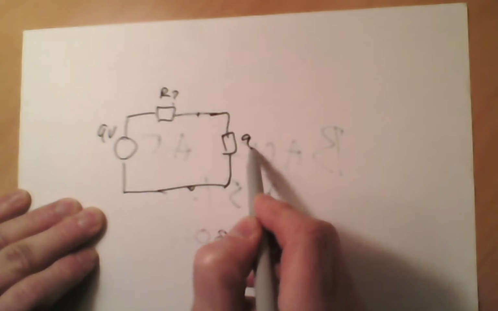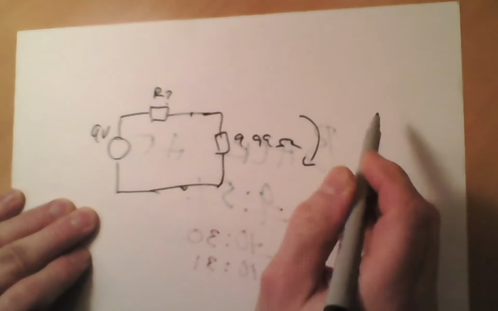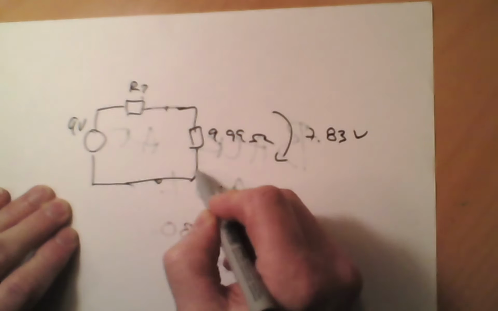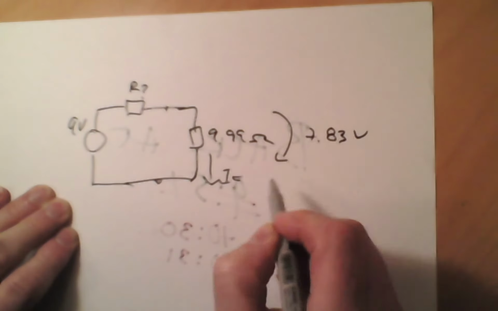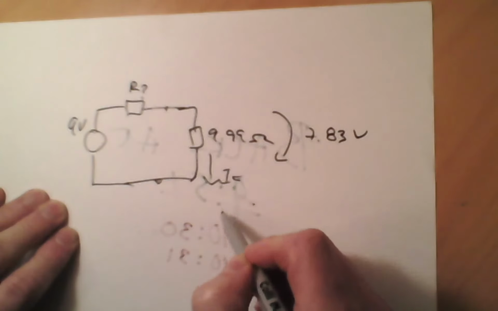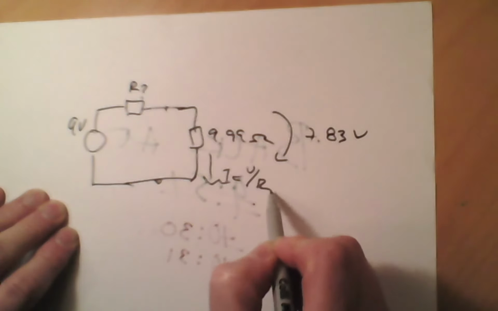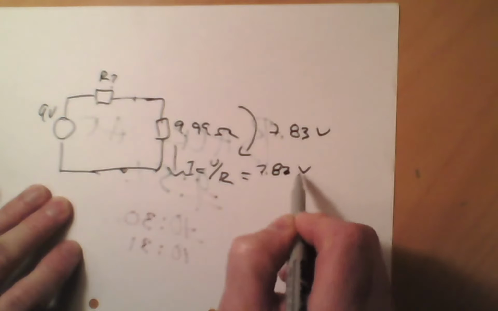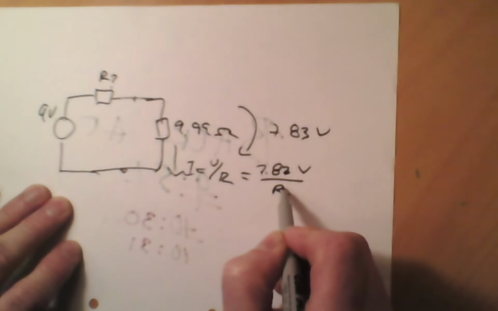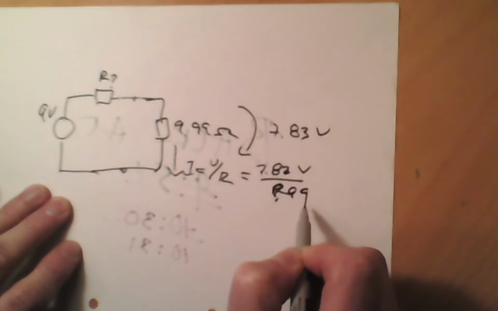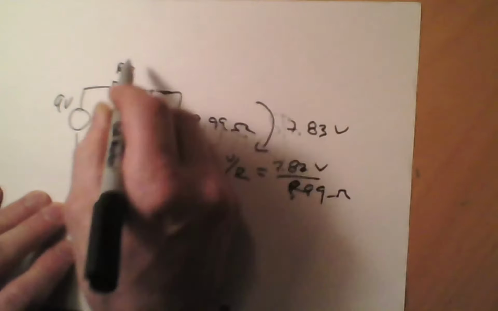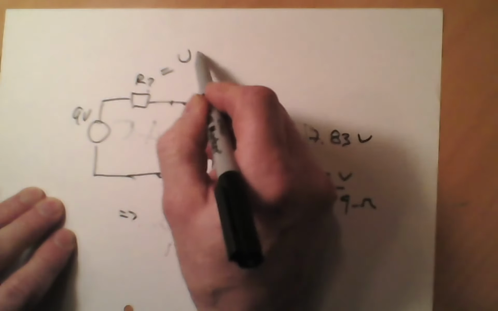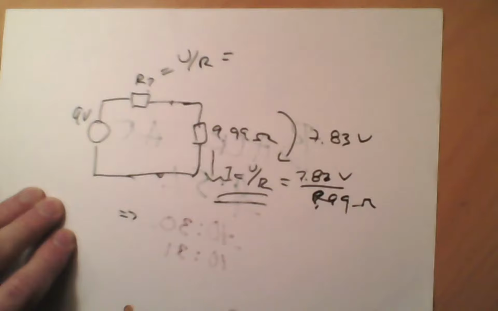Here I have the 9.99 ohms and I have 7.83 volts, which means I know the current I equals U over R, the same as 7.83 volts divided by R, which is 9.99 ohms in my case. I'm just using Ohm's law.